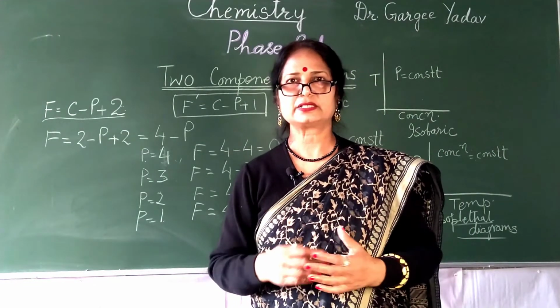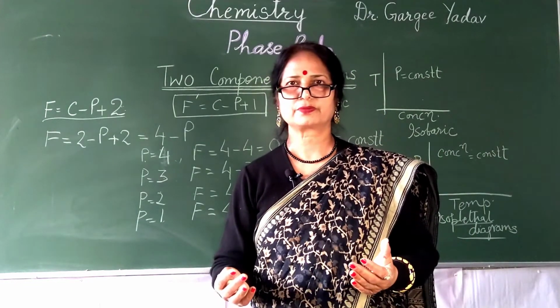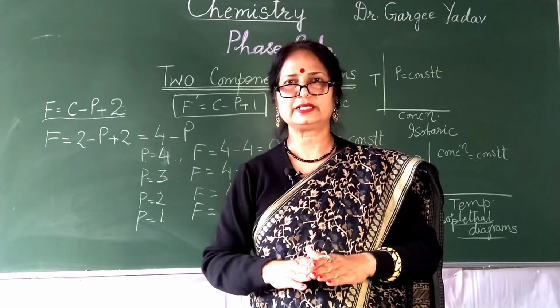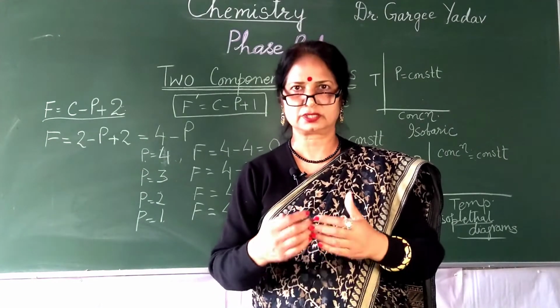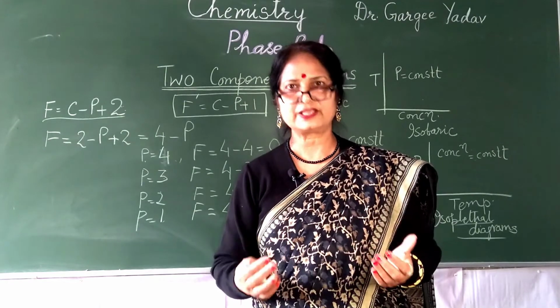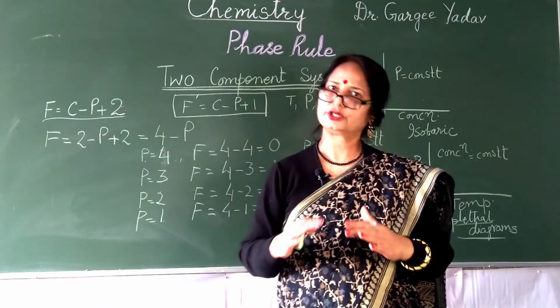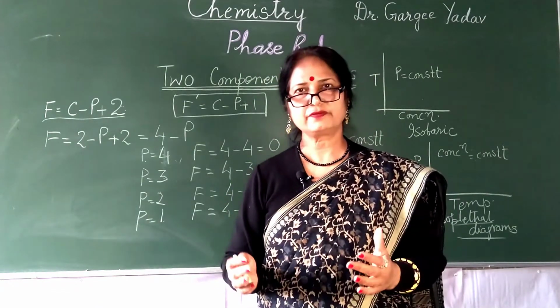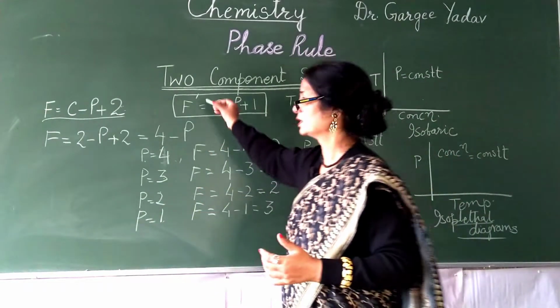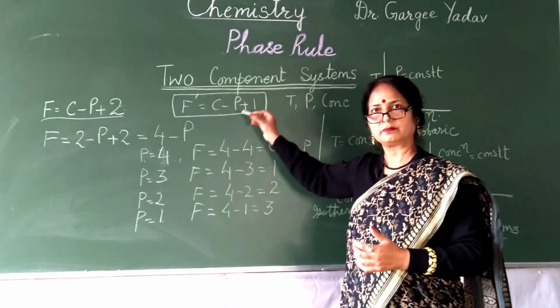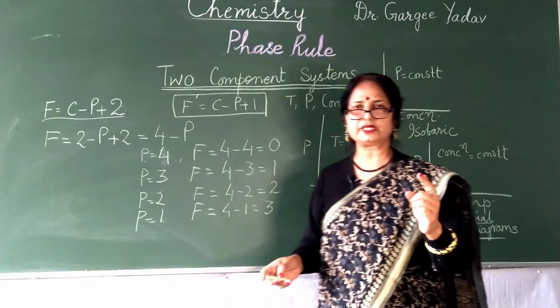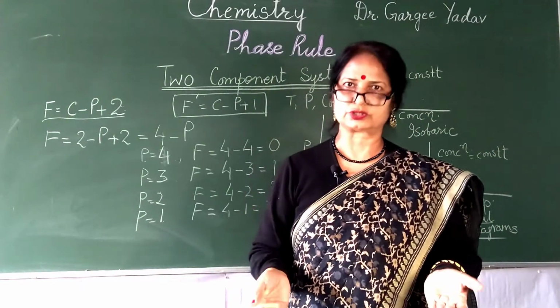So whenever we are studying two component systems, we will study it under the condensed systems, and the phase rule equation is the reduced phase rule equation given by F dash is equal to C minus P plus 1, since one of the variables we are taking as constant.